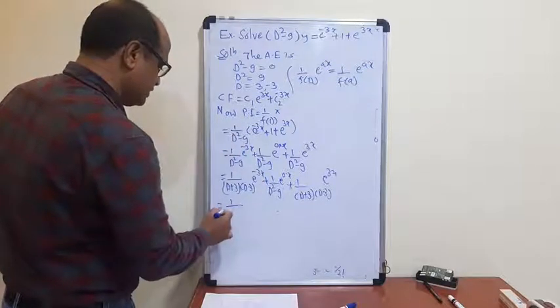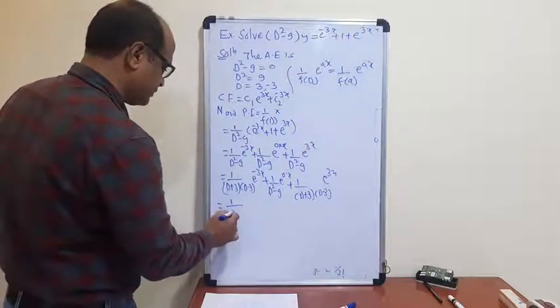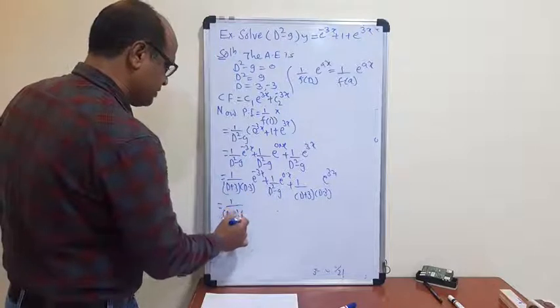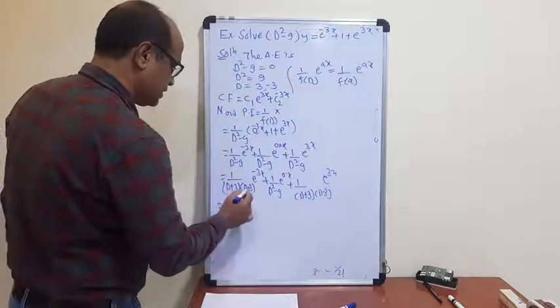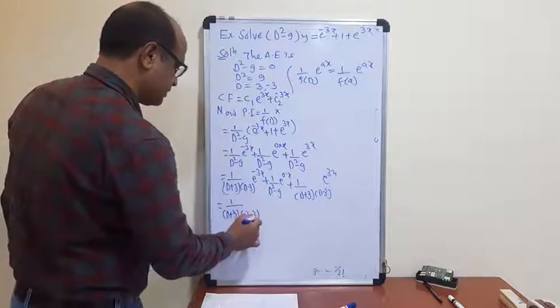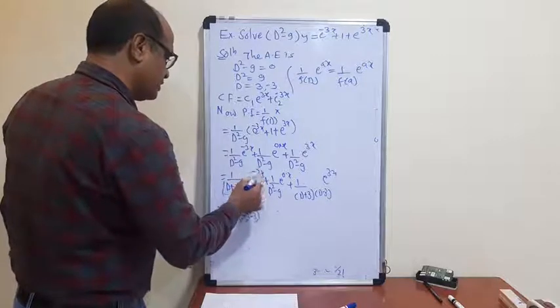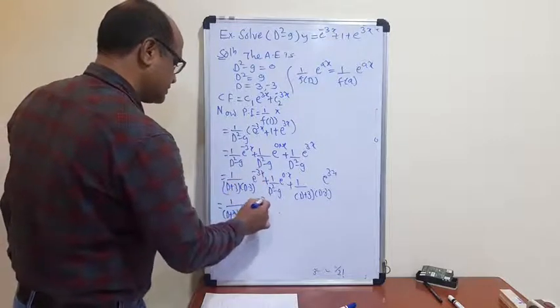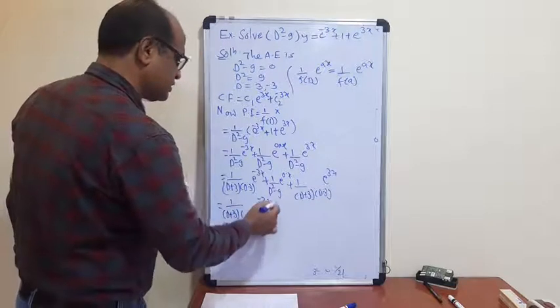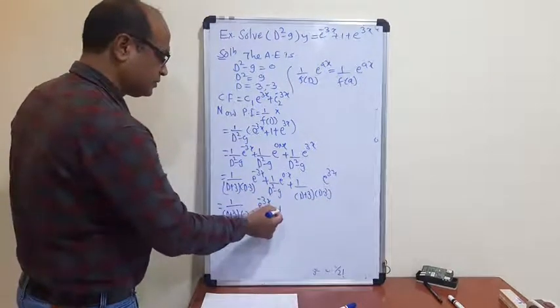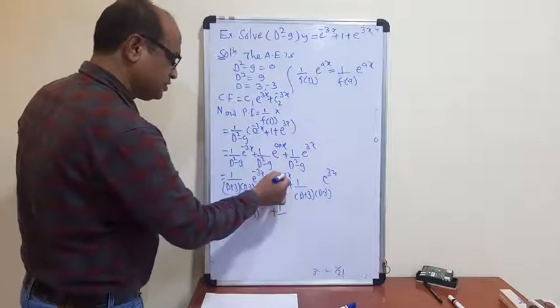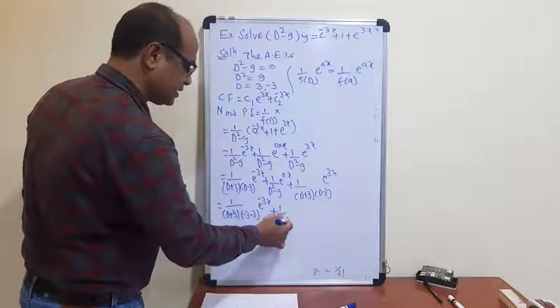So in D plus 3 we put D equal to minus 3 for the other factor, giving e raised to minus 3x. Plus, put D equal to 0: 0 minus 9.